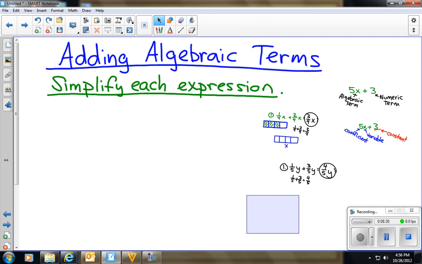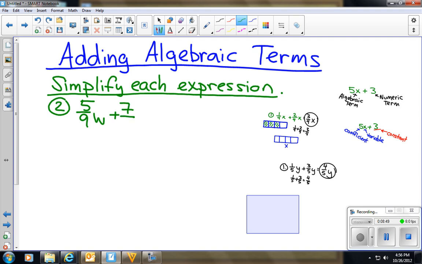We'll do one more with the fractions just to make sure you're getting this. What if I have 5/9 w? Now you'll notice that I'm changing the variables to different letters. They can be any letter you like. It really doesn't make a difference. So we're going to do 5/9 w plus 7/9 w.